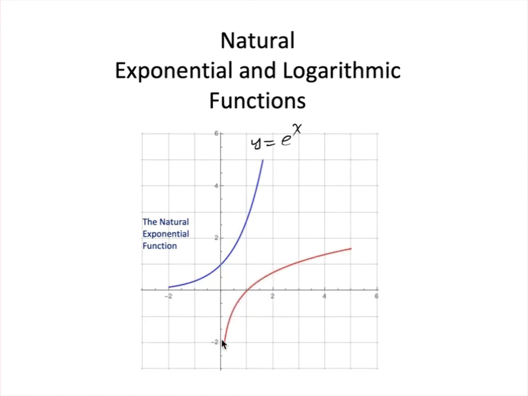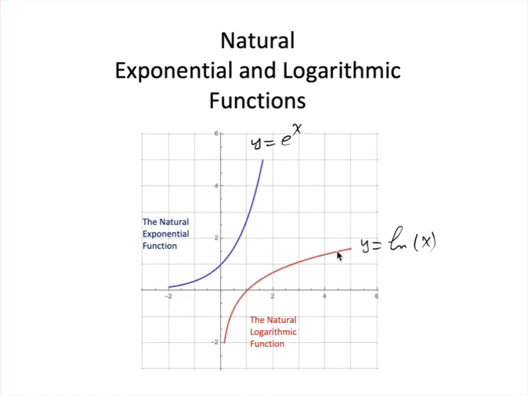This other graph is the graph of what we call the natural logarithmic function. And we express that as y equals ln of x. L for logarithm, n for natural.